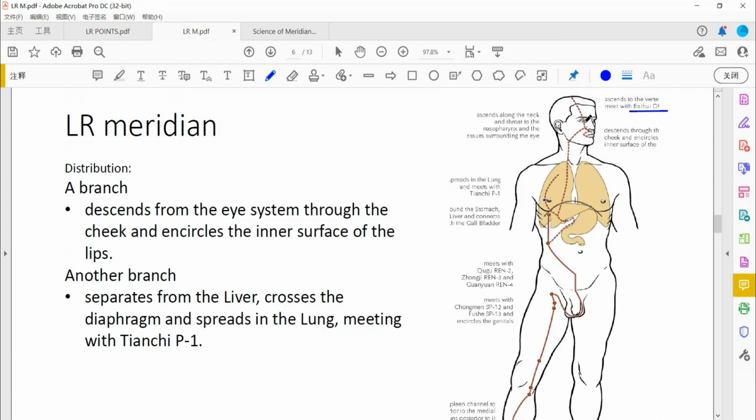And there's a branch that goes down from the eye system to circle the inner surface of the lip. And there's another branch from the liver to the lung, crossing point PC1, 天池 here.